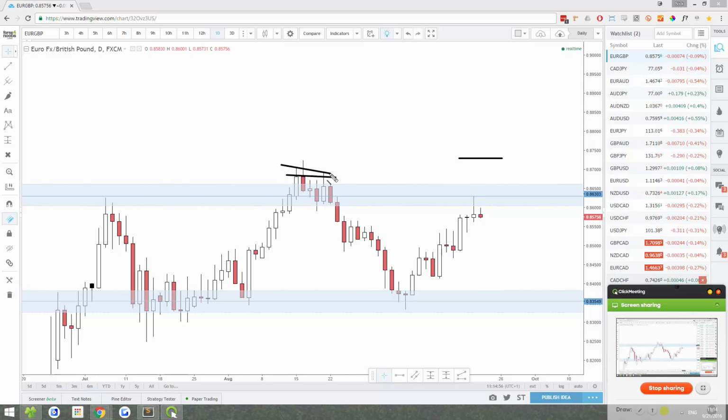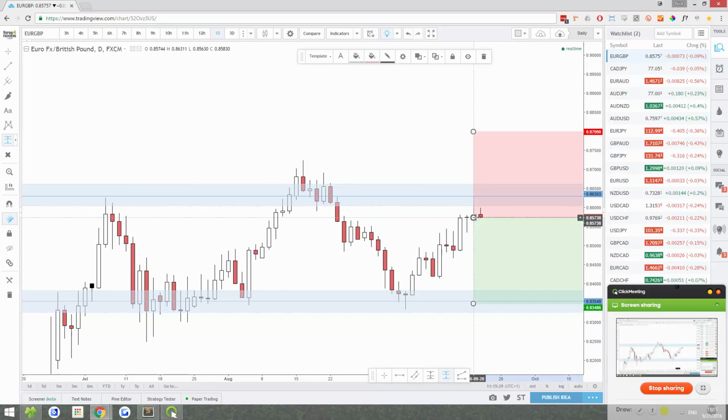Because we're counting this as resistance, that's all resistance up there. So you'd want your stop loss somewhere up there. That would make your entry here, your stop loss there. That is a pretty big stop. And realistically, we're never going to get a good risk to reward ratio with a stop that big.